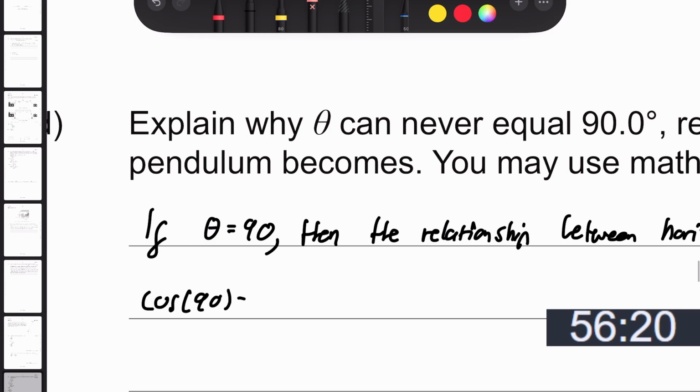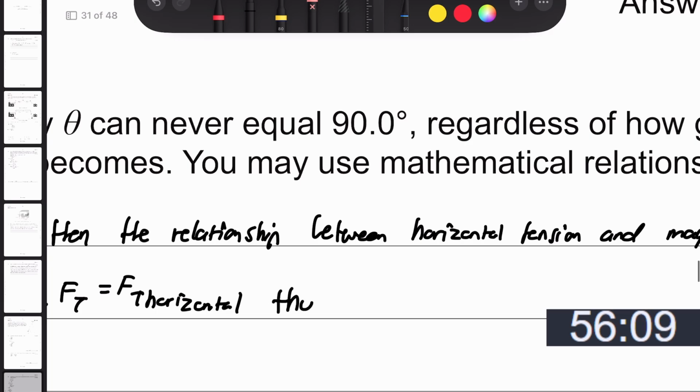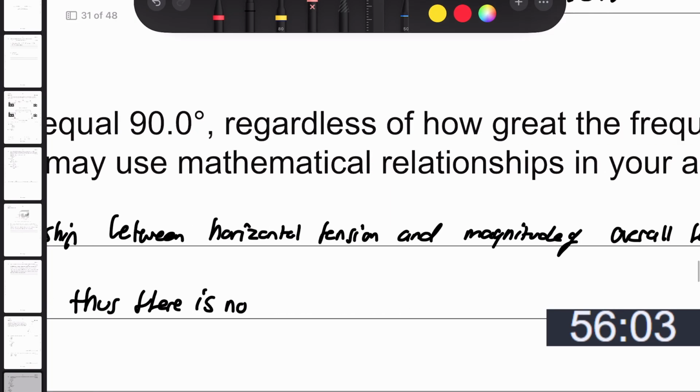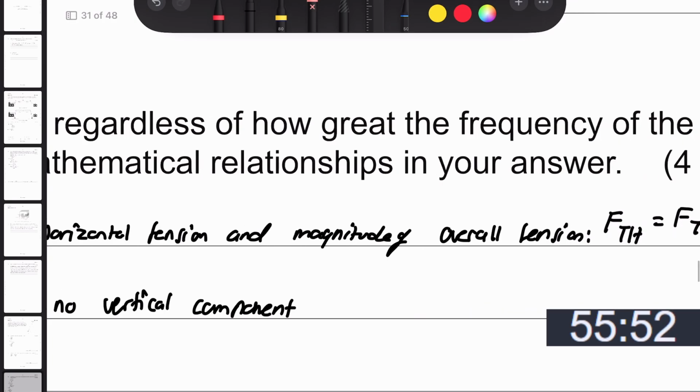Cosine of 90 equals 1, therefore force of tension equals force of tension horizontal. Thus there is no, what do you call it, a vertical component to tension.